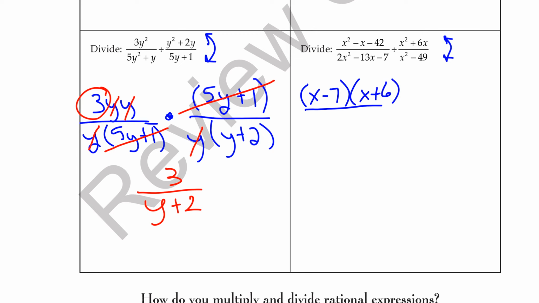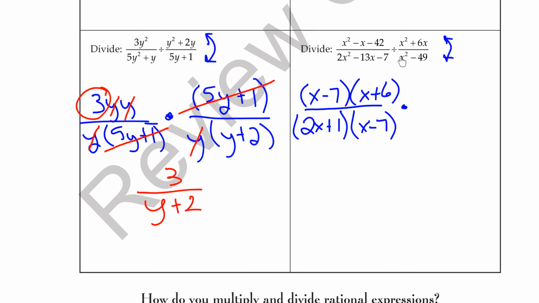And again, if you don't know how to do that, go back and review the factoring videos. 2x squared minus 13x minus 7 will factor to be 2x plus 1 times x minus 7, changing to multiply.